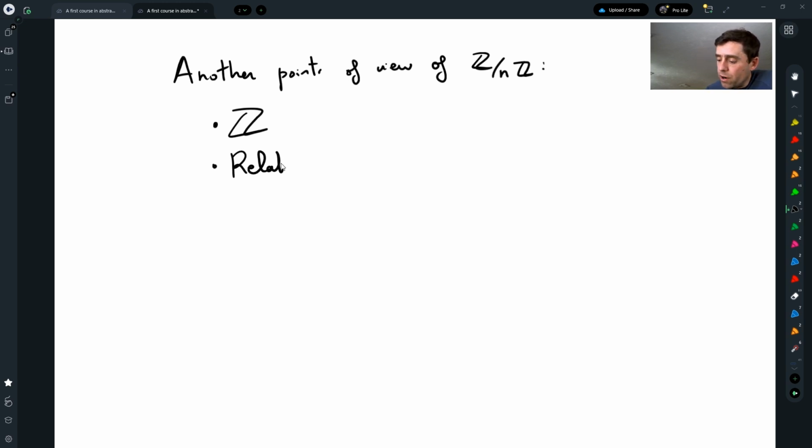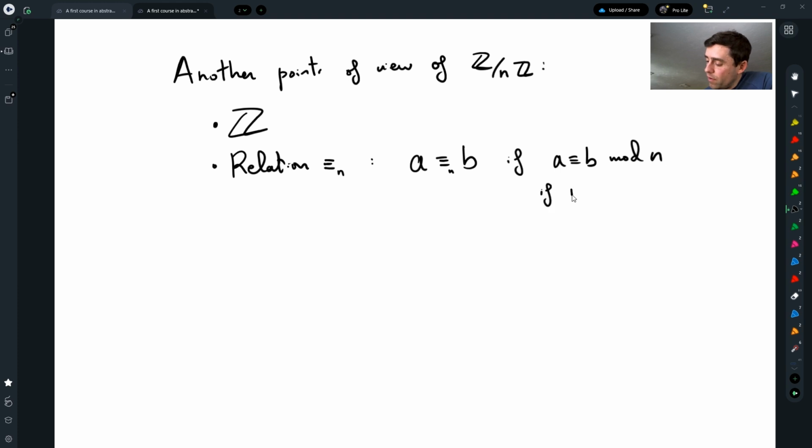If you've learned set theory, then you know what a relation is. We're going to say that a relation, which we're going to denote by congruence or congruence modulo n, holds between two integers, they're related, if A is congruent to B modulo n, so if n divides B minus A.